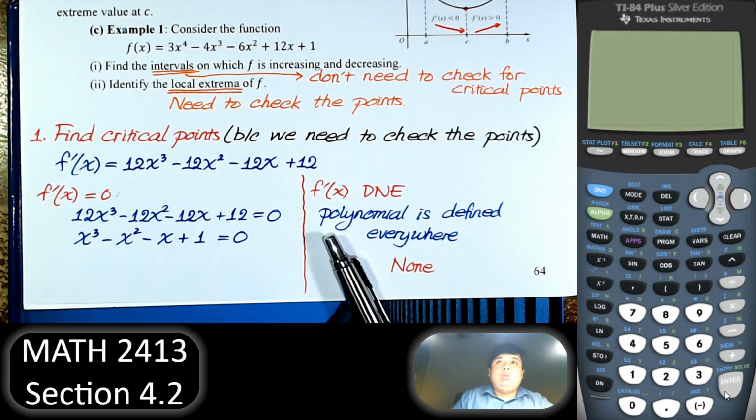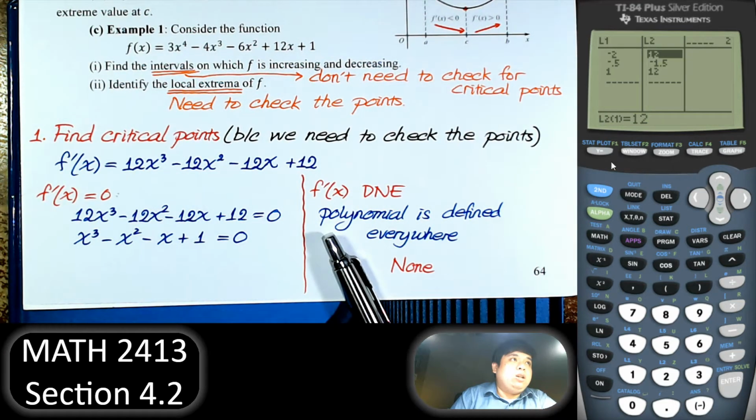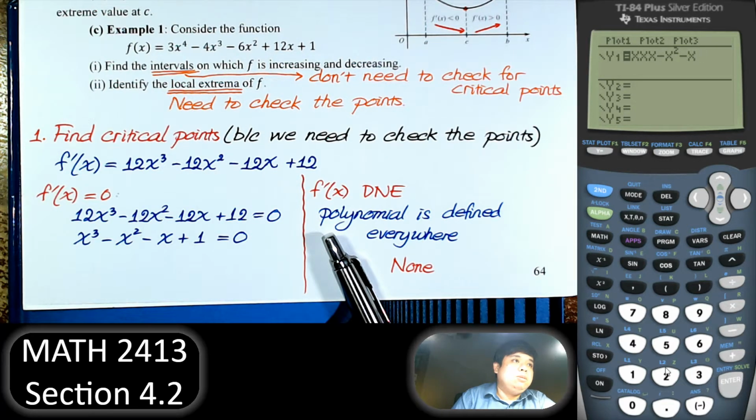Now this is a cubic equation, so let's see the graph. It looks like that. If you see the x-intercepts, they look like this, negative 1 and 1 here.